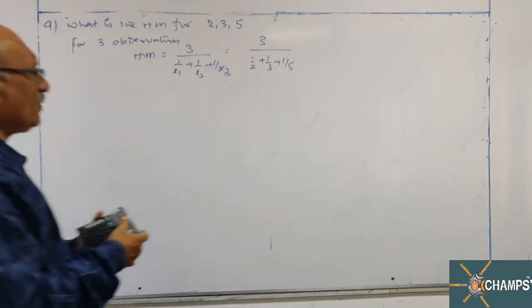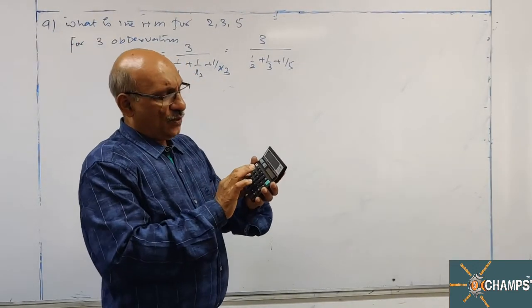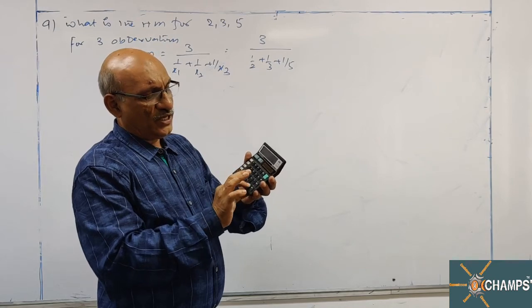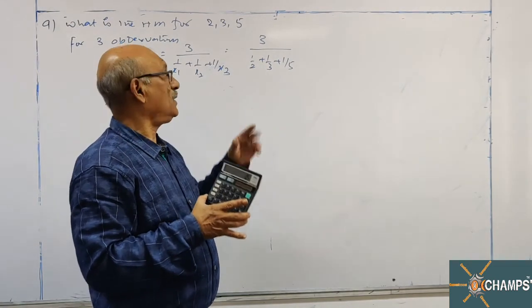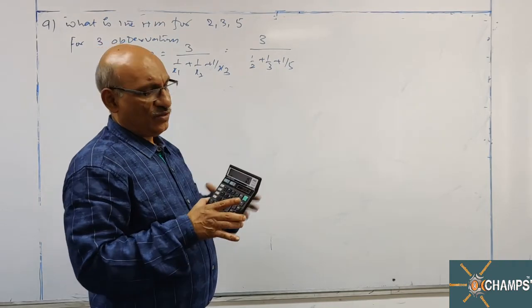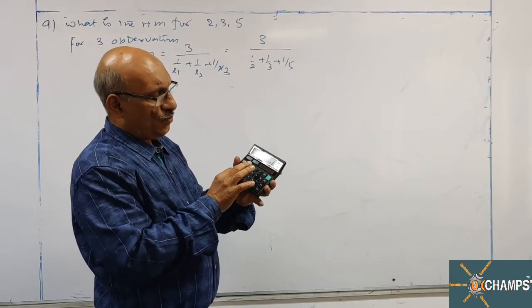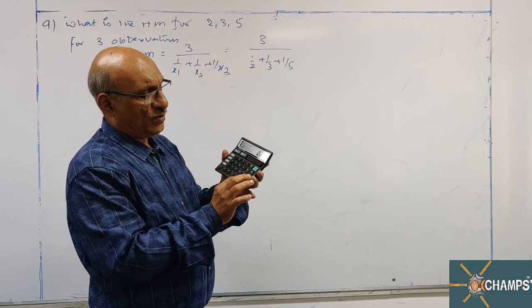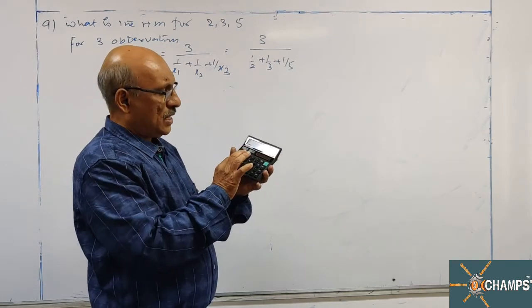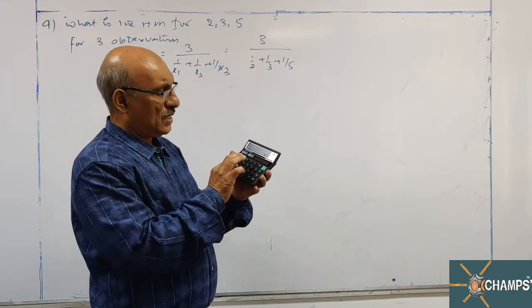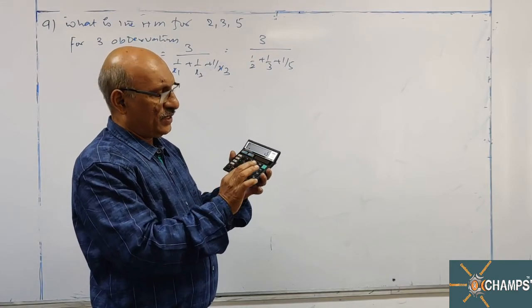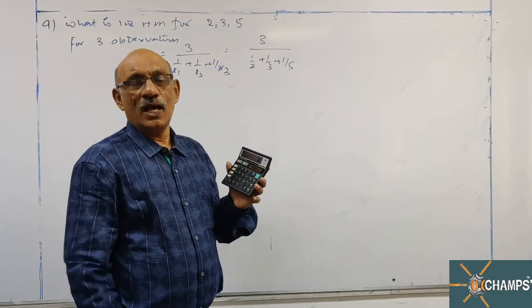We can simplify through calculator. First I am simplifying the denominator. Let me explain this once again. 1 divided by 2 is equal to, memory plus. 1 divided by 3 is equal to, memory plus. 1 divided by 5 is equal to, memory plus.